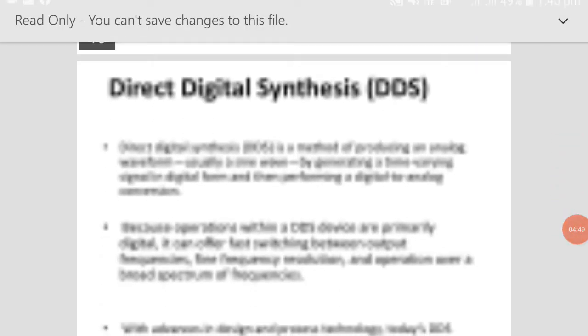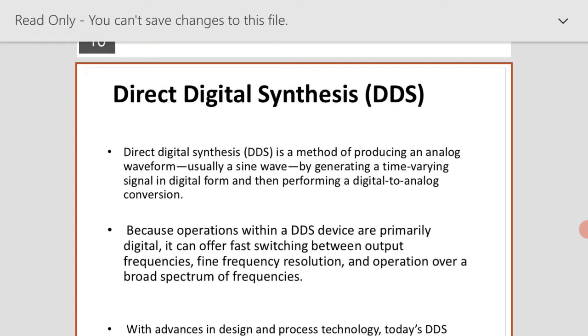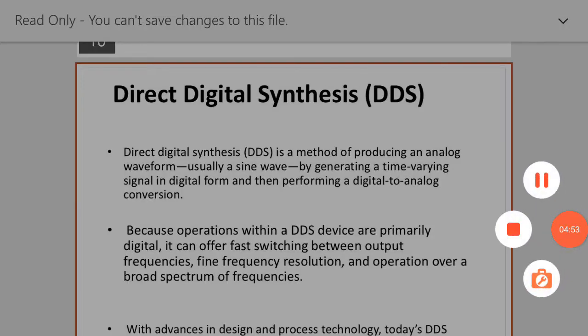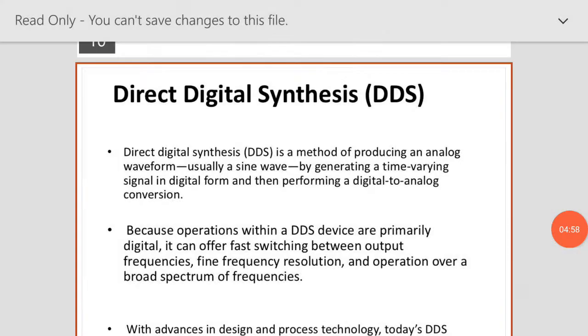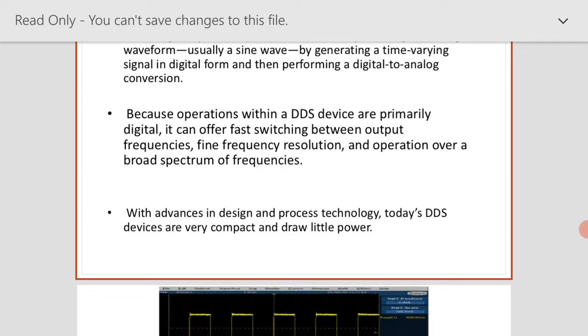Direct digital synthesis, DDS, is a method of producing an analog waveform, usually a sine wave, by generating a time varying signal in digital form and then performing a digital to analog conversion. Because operations within a DDS device are primarily digital, it can offer fast switching between output frequencies, fine frequency resolution, and operation over a broad spectrum of frequencies.